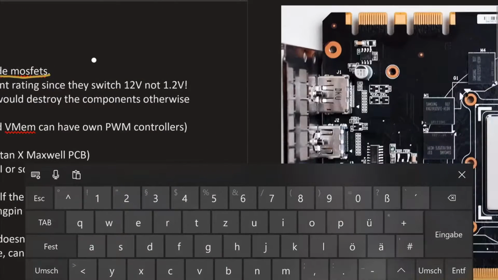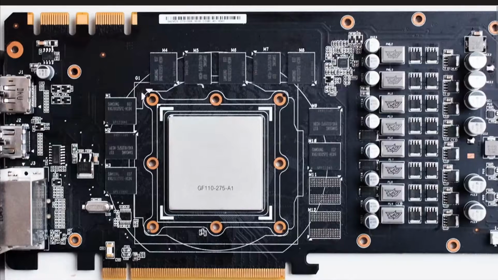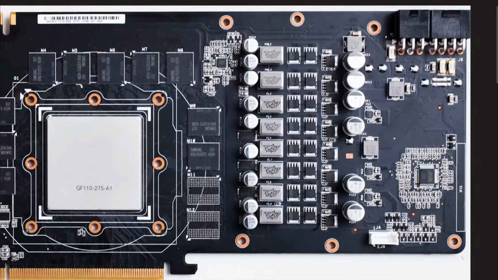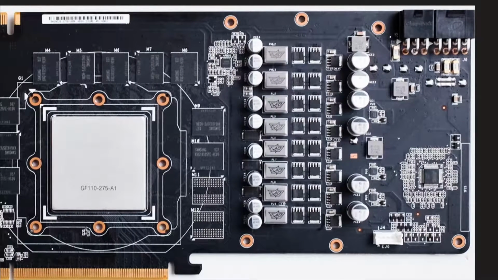I don't know if I ever talked about that in a video. I had several videos that I decided to not upload where I talked about this. Pretty much what you're going to see is if you have a card that needs, let's say, 60 amps, and you have your 6-phase V-core over here, each of those phases will have to handle 10 amps.